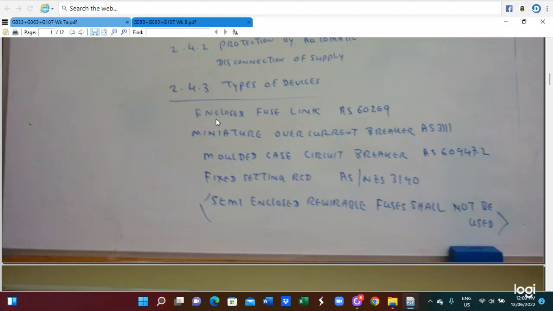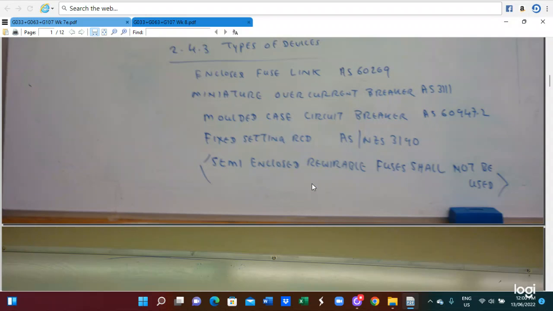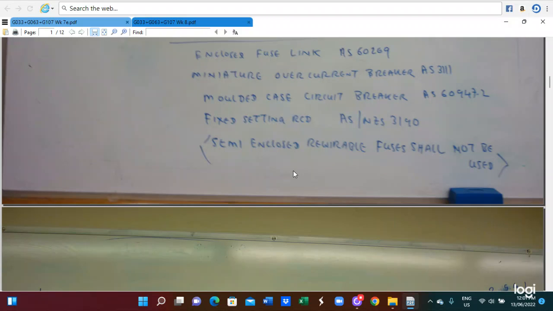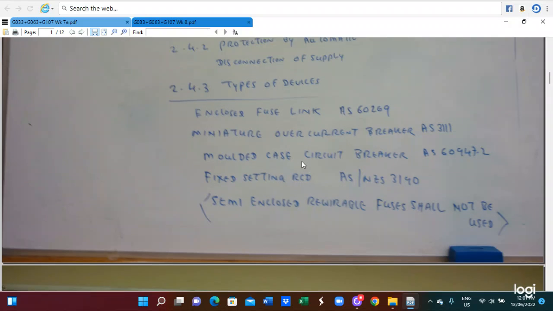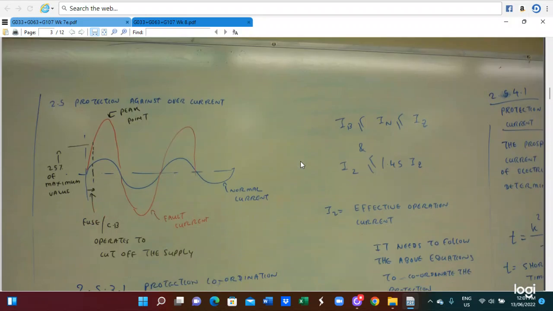It includes the enclosed fuse link AS 60269, miniature overcurrent circuit breakers AS 3111, moulded case circuit breakers AS 60947.2, and fixed setting RCDs AS 3190. Also, the semi-enclosed rewirable fuse shall not be used. This is the kind of equipment used for circuit protection.